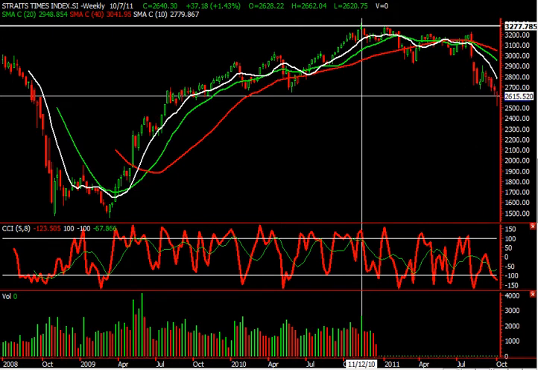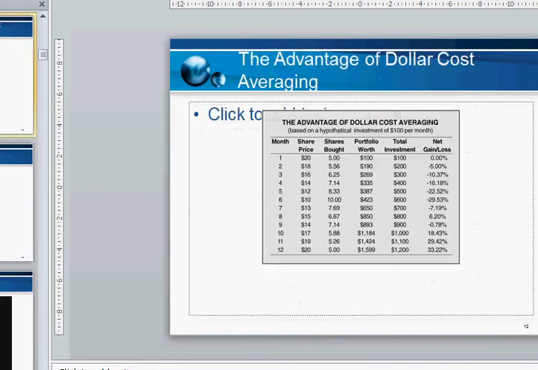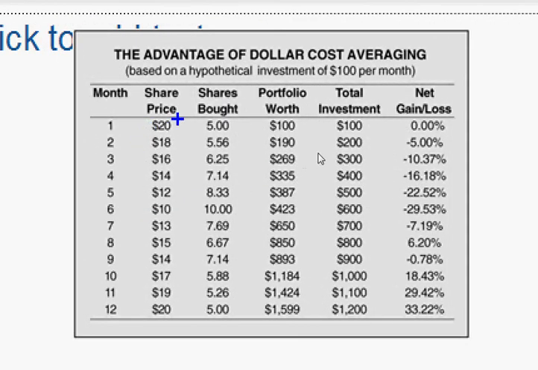So what we want to do is dollar cost averaging, and the beauty about dollar cost averaging is, you can see from here that even though we buy at $20, say this stock is $100 a month, we buy at $20 for one share. The first time you buy, you get 100 shares.